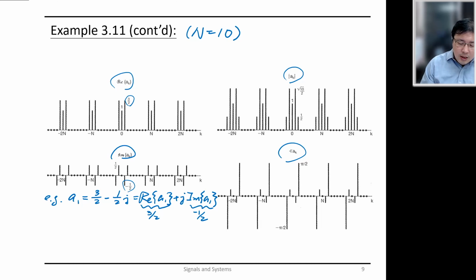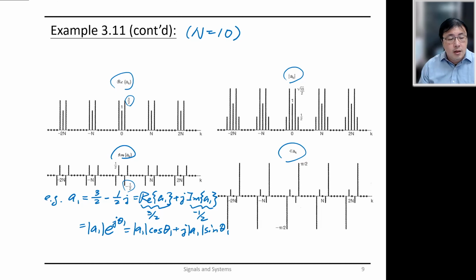Now, you can also represent a1 in terms of its magnitude and phase. You can write it as the magnitude of a1 times e to the j theta 1, or you can write it out as |a1| cosine theta 1 plus j |a1| sine theta 1.